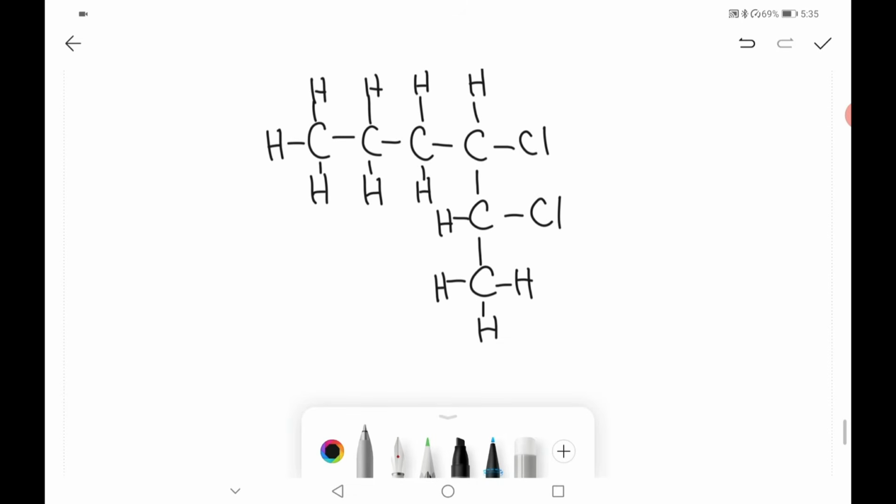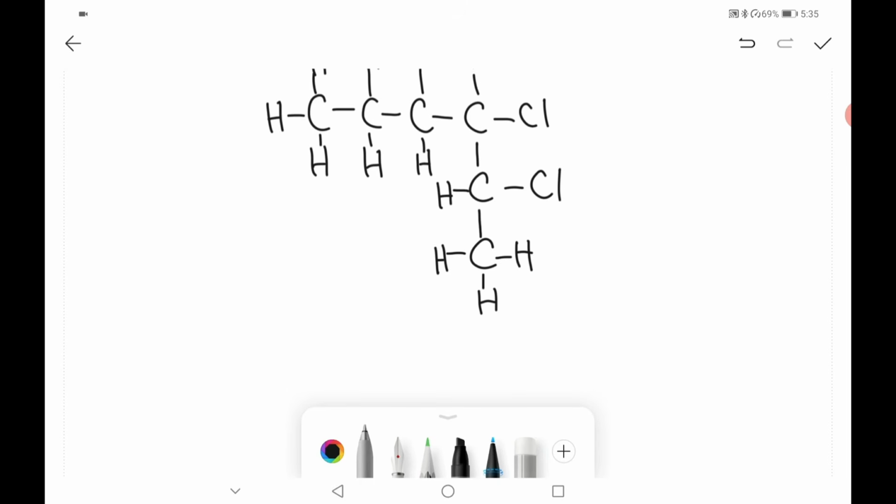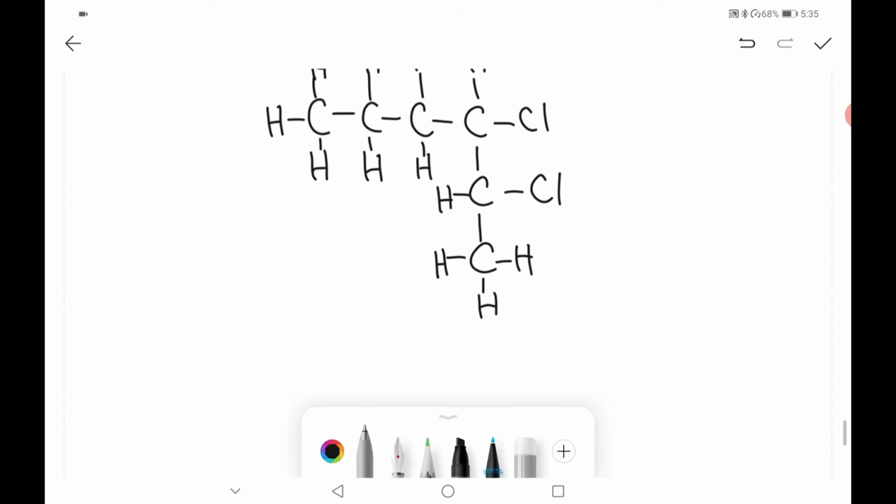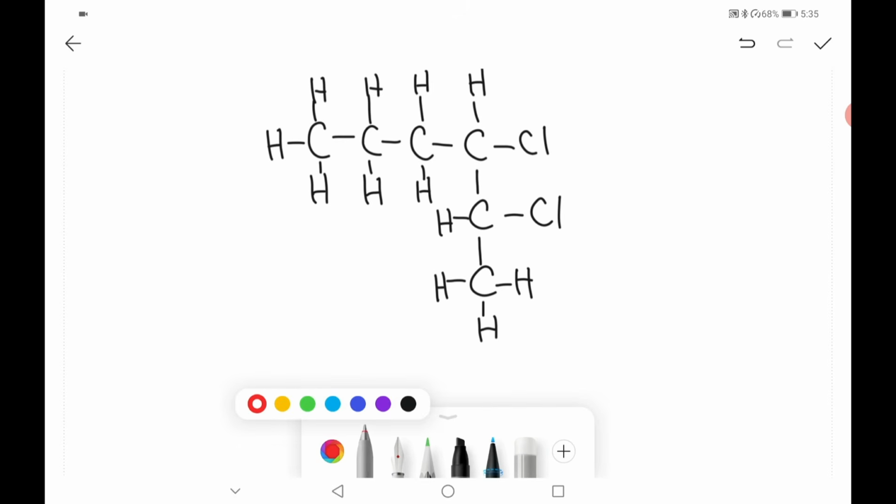Okay, all right. So let us try to name this substance. As usual, when you want to name the substance, always start the name from the back. So to start the name from the back, we need to check the homologous series. All the carbon are single bond.